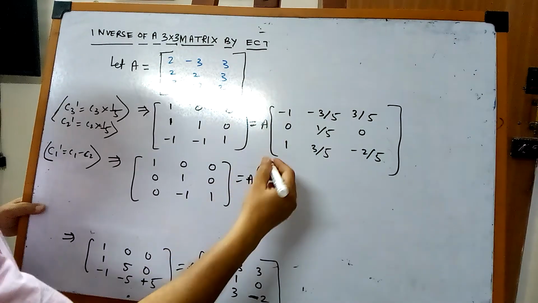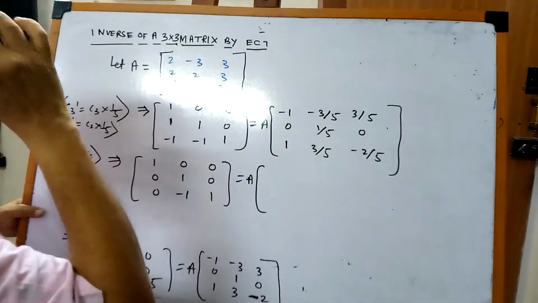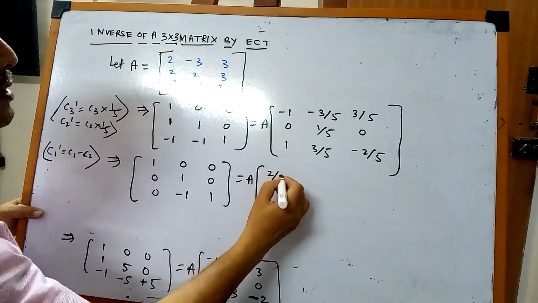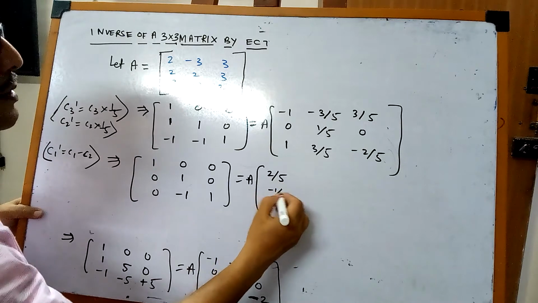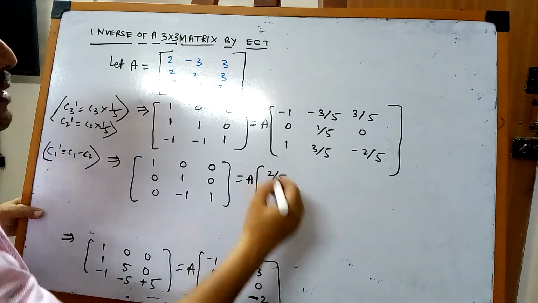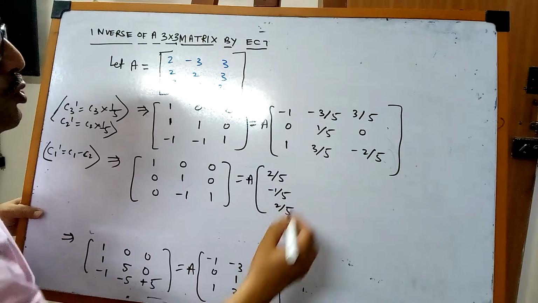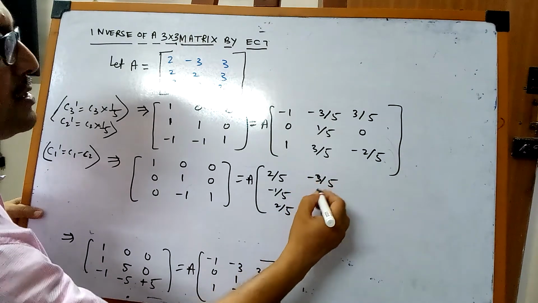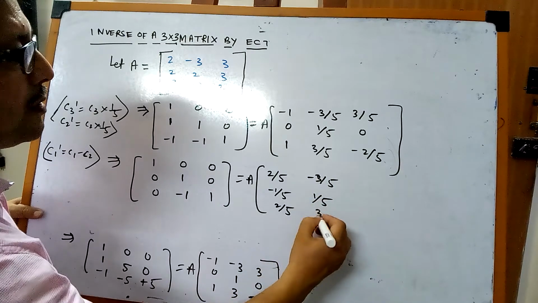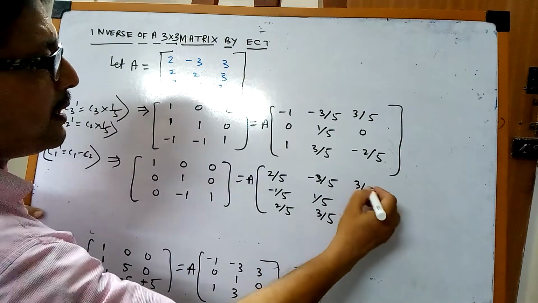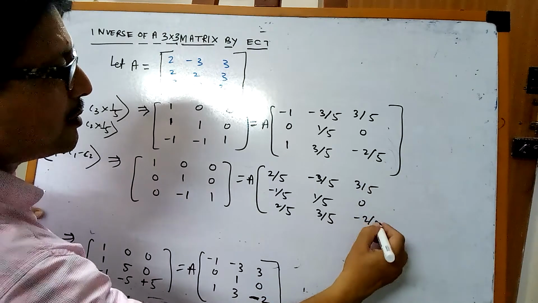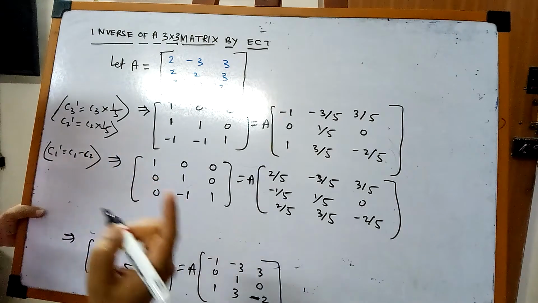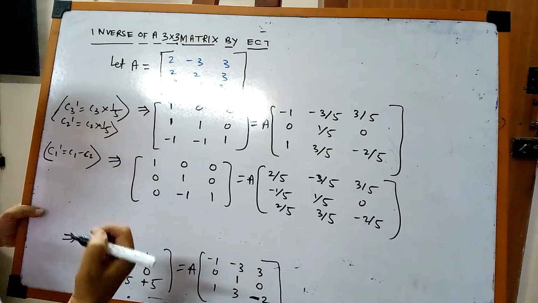So there it will be minus 1 plus 3 by 5, that is 2 by 5, minus 1 by 5, 2 by 5, minus 3 by 5, 3 by 5, minus 2 by 5.